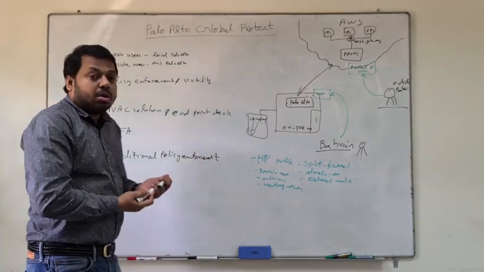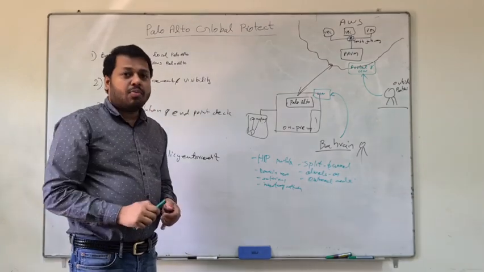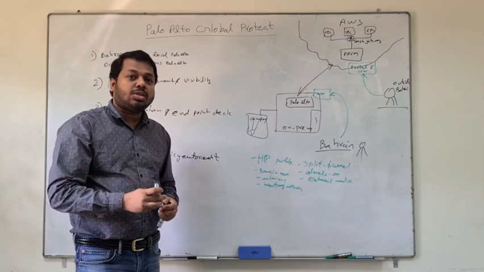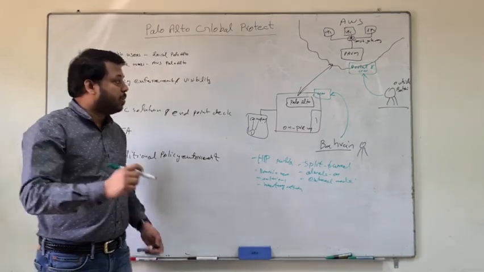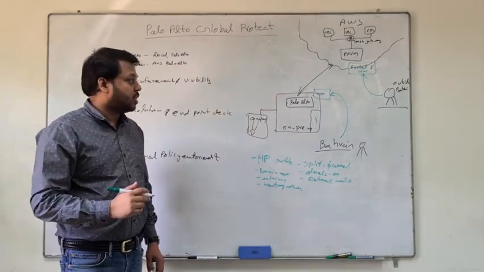Since this is a banking customer, they are running a very business critical and sensitive application, and whenever users try to access it from the remote VPN, they want one more multi-factor authentication at that time.